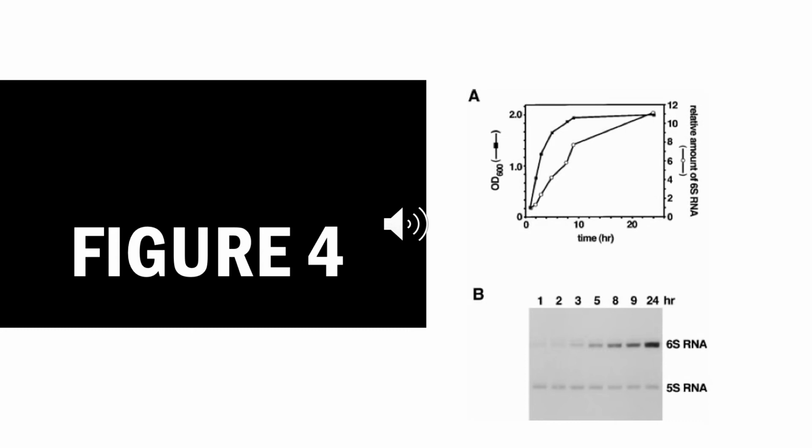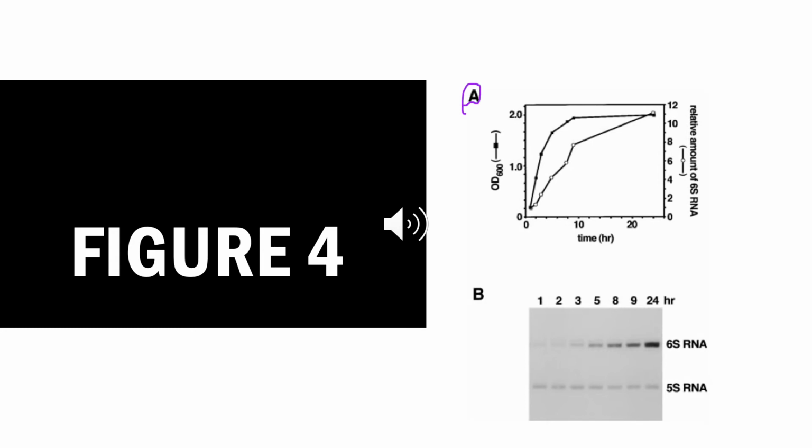So next, the scientists wanted to see what point specifically the 6S RNA is interacting. The levels of 6S RNA and 5S RNA were quantified through the different growth stages and analyzed by northern hybridization.